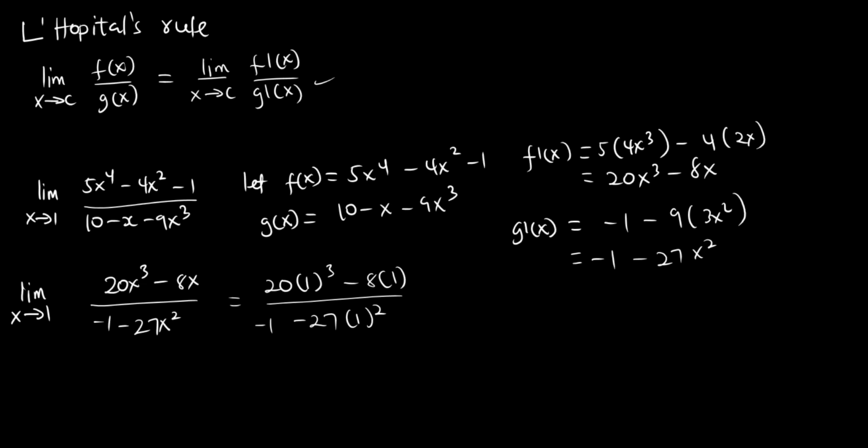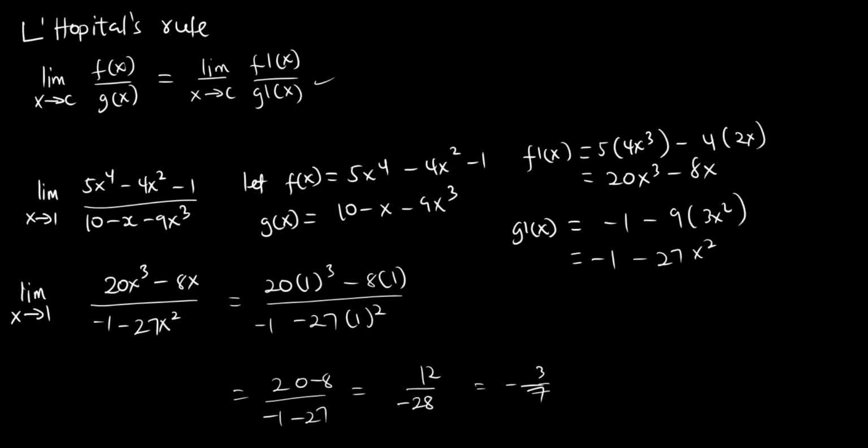When you simplify this, you're going to have 20 minus 8 divided by minus 1 minus 27. So let's simplify this here. 20 minus 8 will give us 12, and minus 1 minus 27 gives us minus 28. So we have 12 divided by minus 28, and that will give us minus 3 on 7. So that will be the limit of the function as x approaches 1.